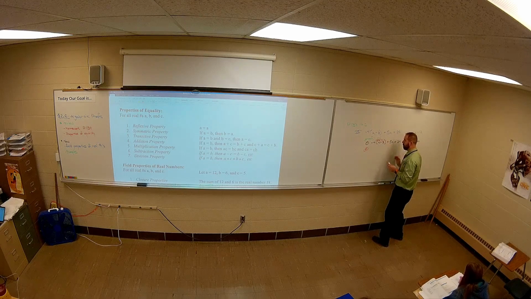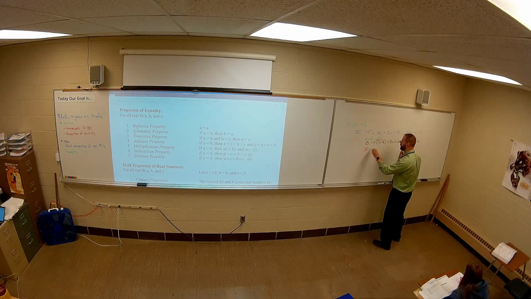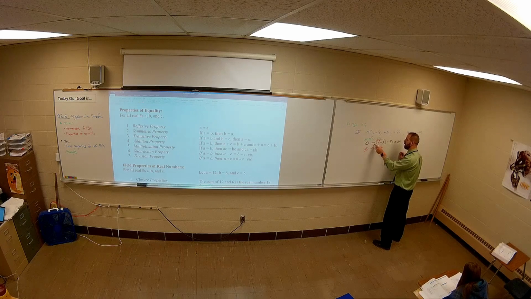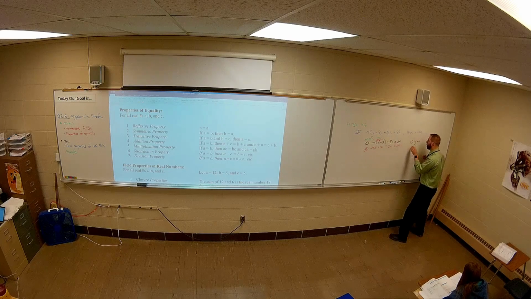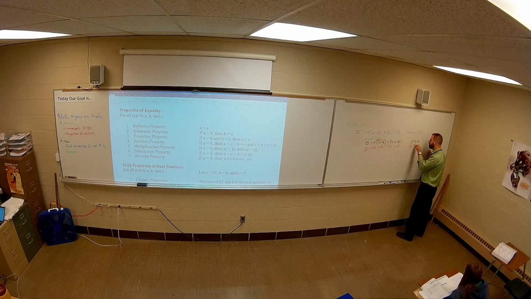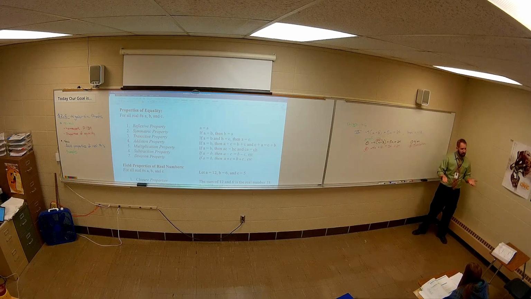Now I know I'm skipping a couple properties here, but it's good to see that type of math. So it's negative 4x plus 12, because when you multiply negative 4 times negative 3, you get 12, plus 5x equals 24. So in line number 2, I distribute. Distribution. Make sense?